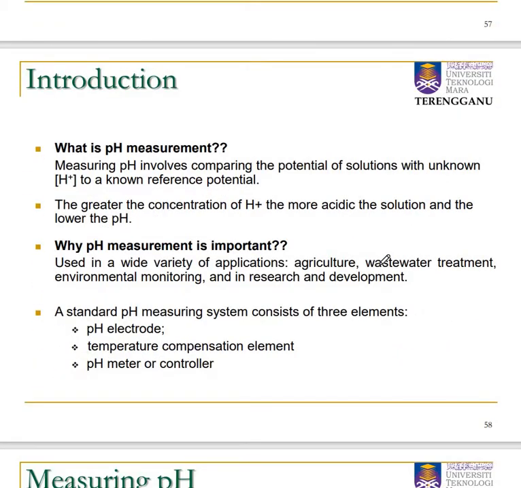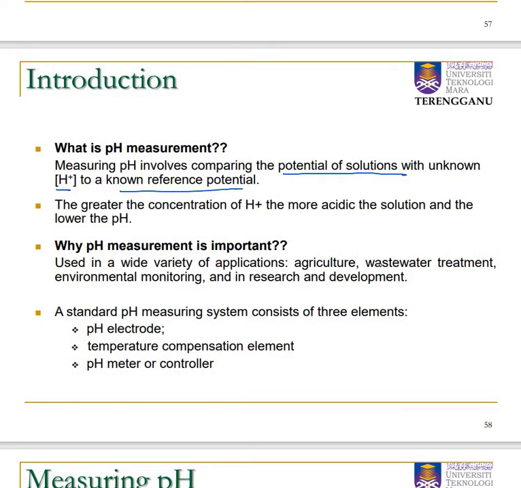So as per introduction, pH measurement is done by comparing the potential of solutions with unknown hydrogen ion to a known reference potential. So this one I will explain in detail in the next slide.